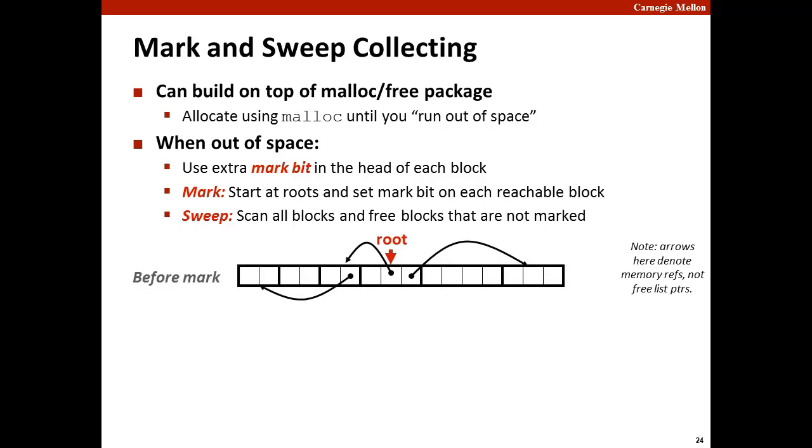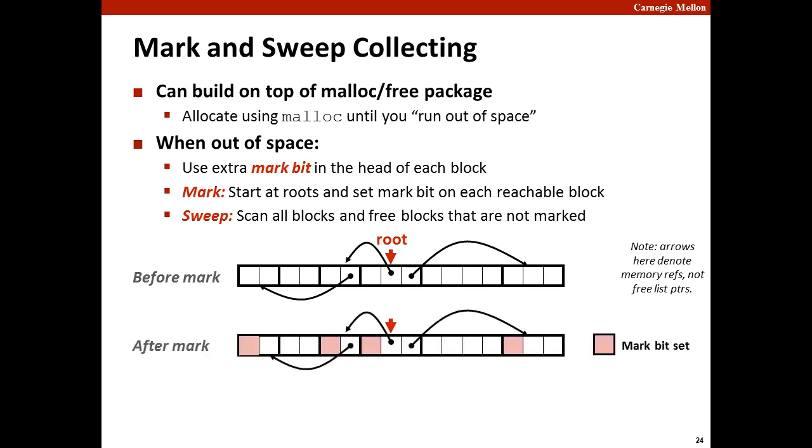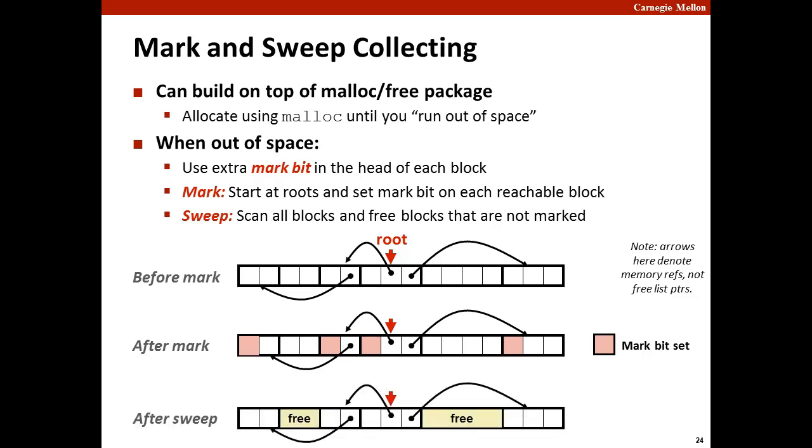Okay. So I start out with a root node, and then from there I can chase the rest. And you can see that as I go through, I set my mark bit to everything that's reachable. And then when I do my sweep phase, if it's not reachable, I free it.